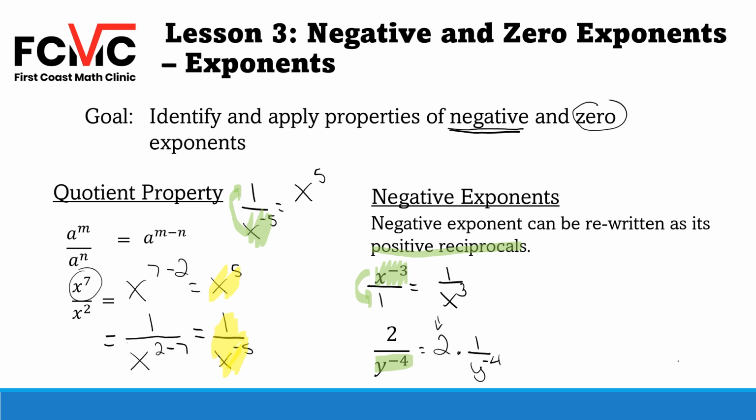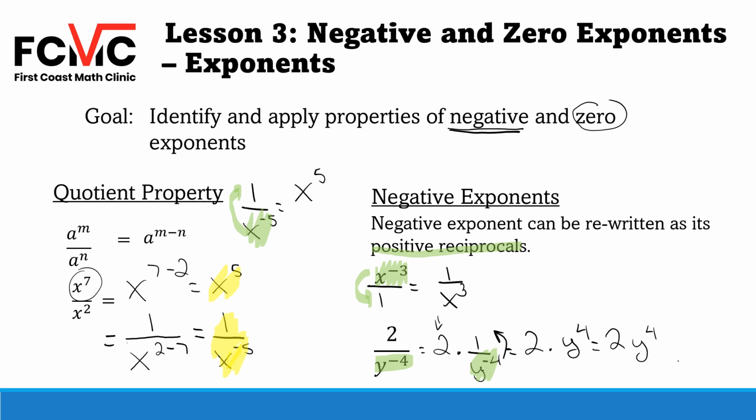It doesn't need to move because it already has a positive exponent. But this has to move because it's got a negative exponent. So I'm going to rewrite this, keeping that 2 where it is, and bring this y to the negative 4th up to the numerator. It becomes y to the 4th, and my answer is 2y to the 4th.